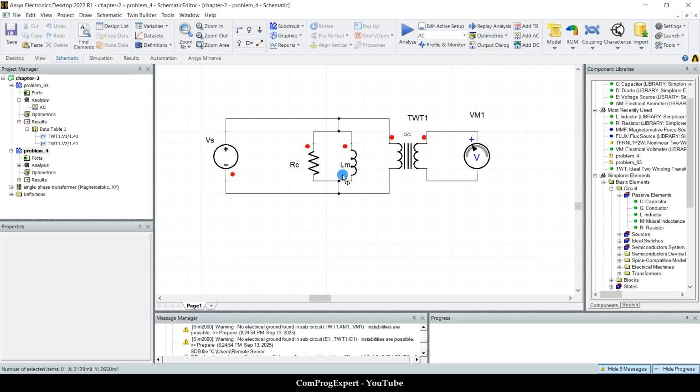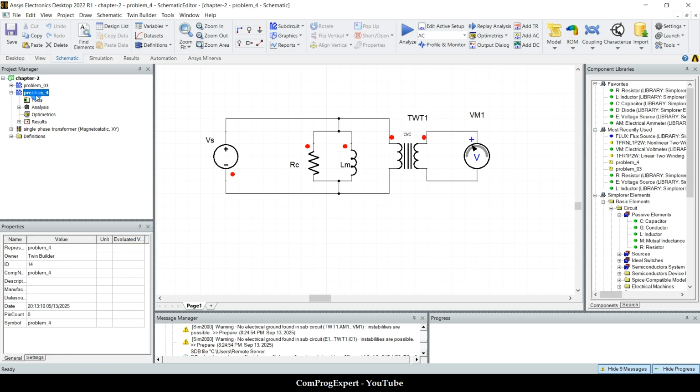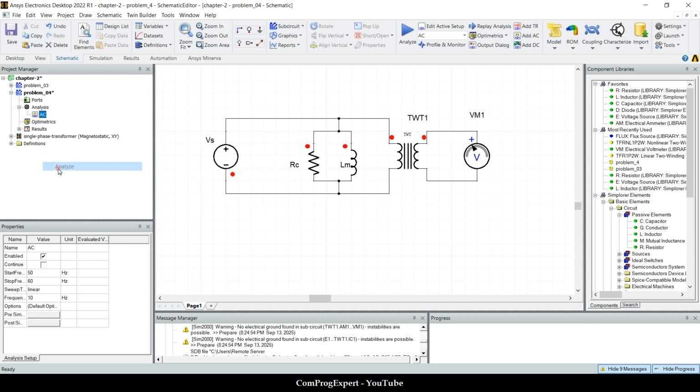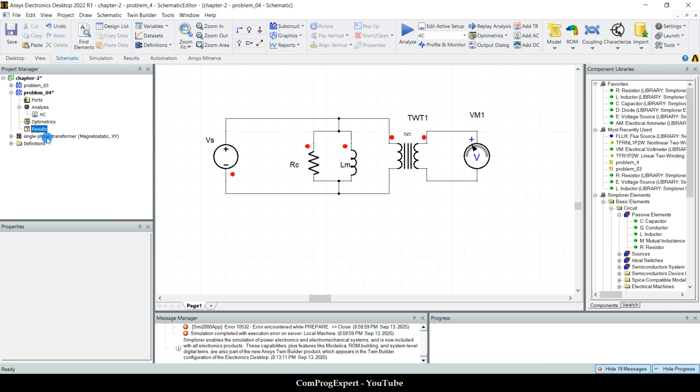And visualize the parameters. So let's run problem 04, analyze to check the numbers that we get in the software.